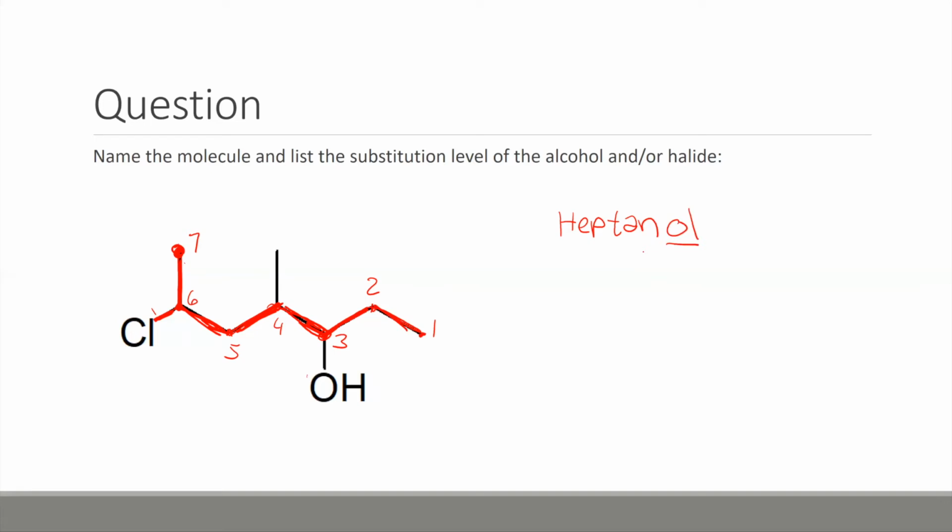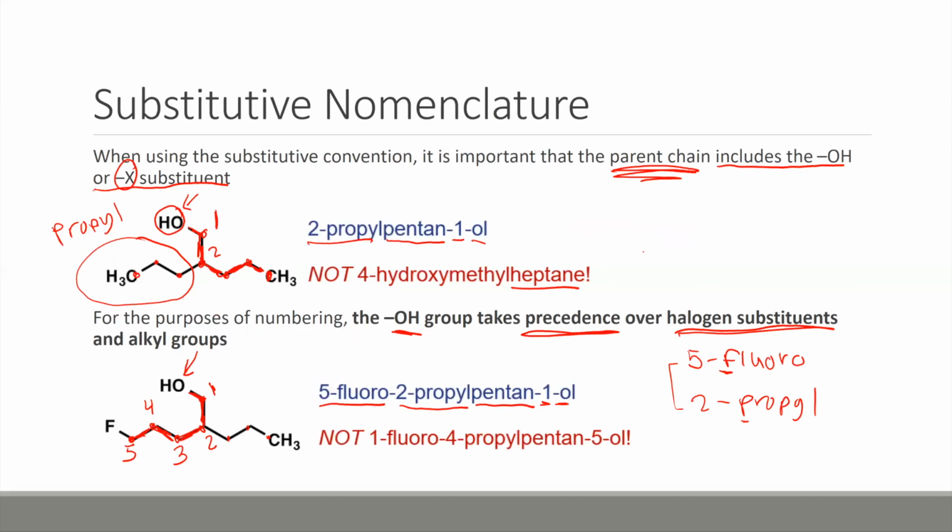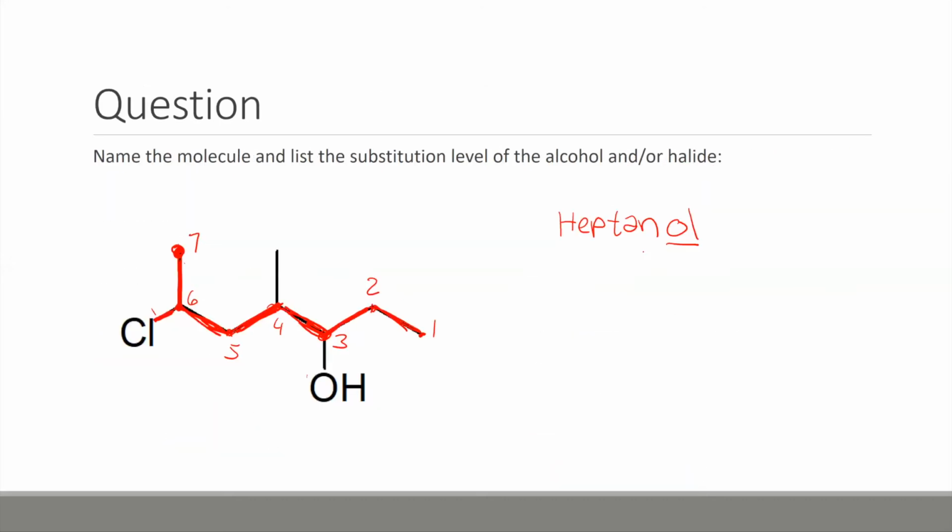Now we want to name the other groups on here. So I have to figure out which way I am numbering. Remember, you're going to number with the OH group taking precedence over halogen or alkyl groups. So that means I will number as already shown where the 1 starts here. That means my OH group is in position 3.